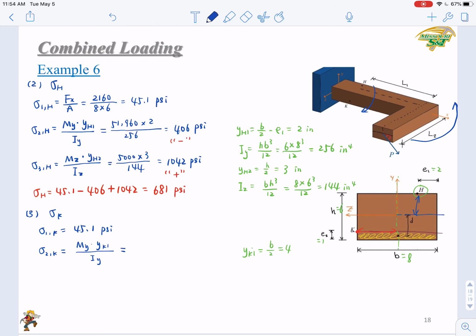So here we will have 51,960 times 4 over 256. That is 812 psi. Positive or negative? Okay, you can do this analysis by yourself, and I can tell you that this result will be positive.